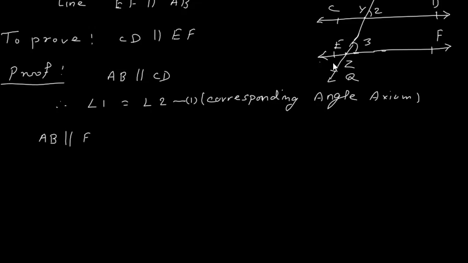and again AB is given parallel to EF. So therefore again I will say that angle 1 is equal to angle 3. This is your second equation, and here also we have corresponding angle axiom.